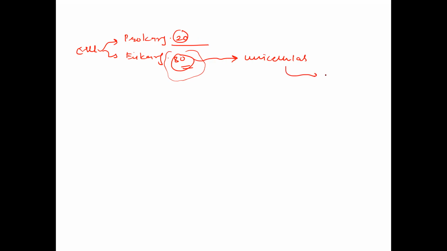But further they developed into what? Multicellular. Try to understand, children. So first they have a unicellular structure, then developed into multicellular.